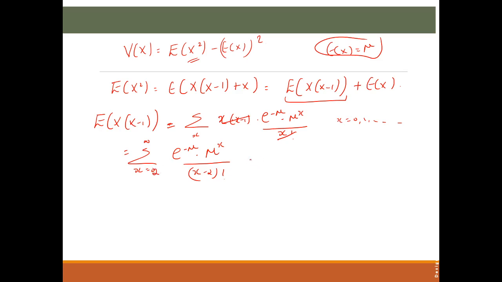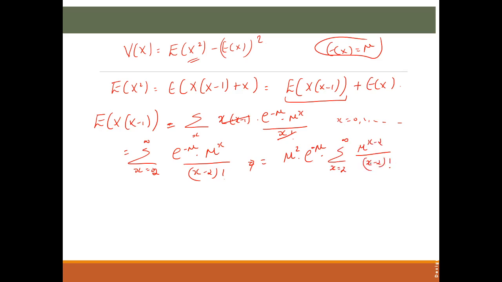So I can take mu square outside and e raised to minus mu outside: mu square, e raised to minus mu into sigma x equal to 2 to infinity, mu raised to x minus 2 divided by x minus 2 factorial.